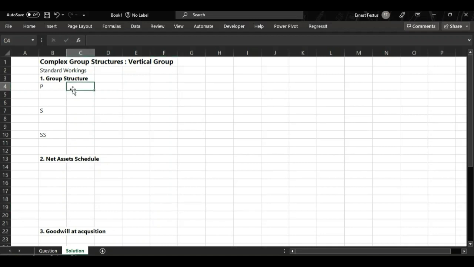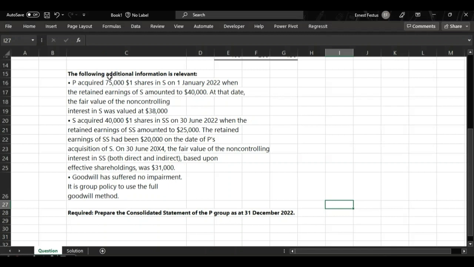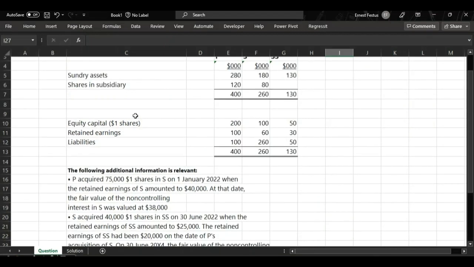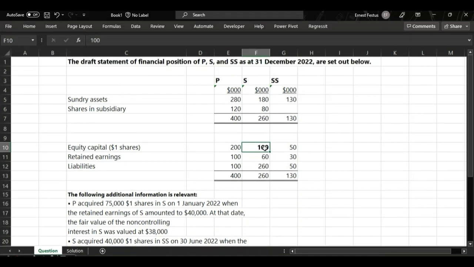In our question, we have P, the parent, buying shares in S. P acquired 75,000 shares in S. So how many shares are in S? We have 100,000 shares in S right here, and we bought 75,000 of those 100,000 shares.